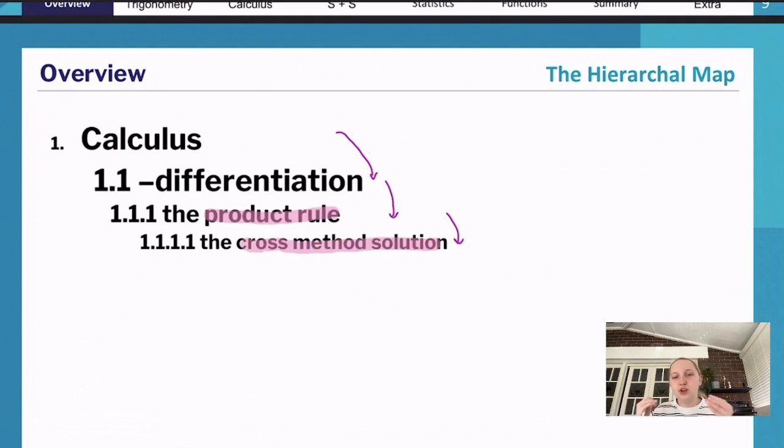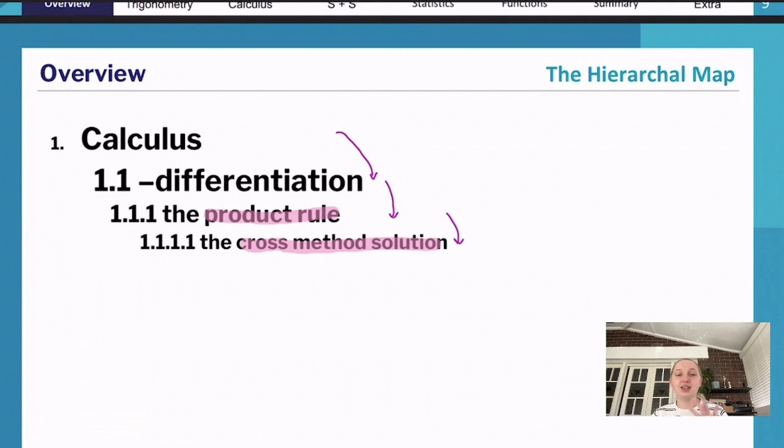So the more specific something is, the easier it is for people to write exam questions on those solutions. So when you're looking through the syllabus when you're studying, you want to be thinking about, can I answer each of the specific points within the syllabus? Or, could I answer a question using the product rule, for example? And that'll help you make sure that you're ready to sit those exams and you're ready for all the different types of questions that they might ask you.